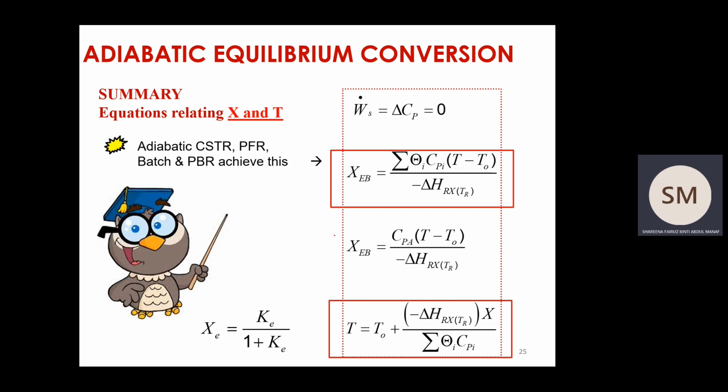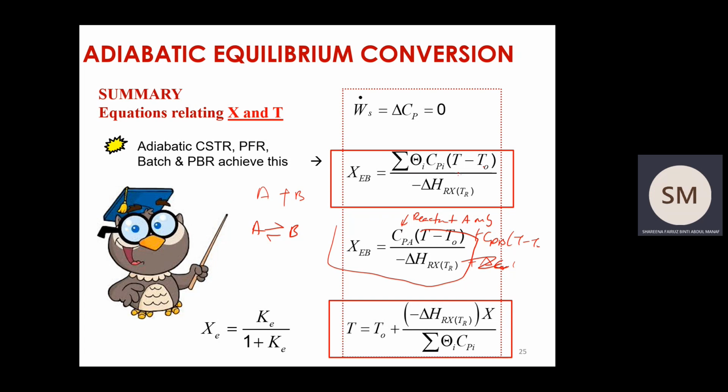This is for A to B, so substitute this, this is C_PA. This is for reactant A only. If there is B, for example A plus B, you have to consider this plus theta_B C_PB (T minus T0). Then here there must be plus delta C_P (T minus T_R). But in this case, because it is pure, that term is no longer there. Okay, so this is the equation. So this is X_E, and then how do you get the T? T you rearrange back from here.